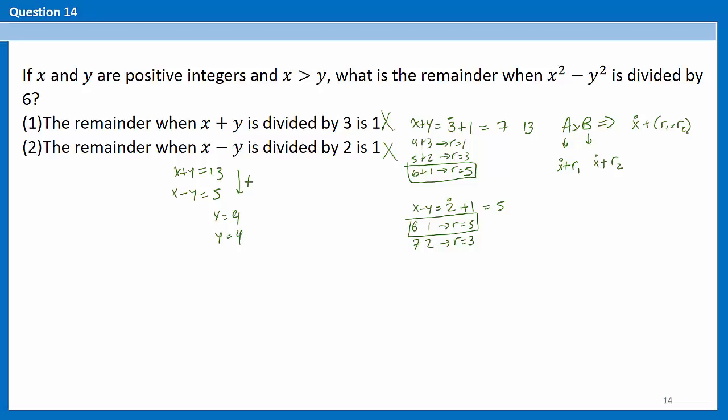If I plug them into the question, 9 squared is 81 minus 16, that would be 65. And 65, when divided by 6, the remainder is 1. So I have two answers, 1 and 5. So 2 answers for the question, therefore not sufficient. Answer is E.